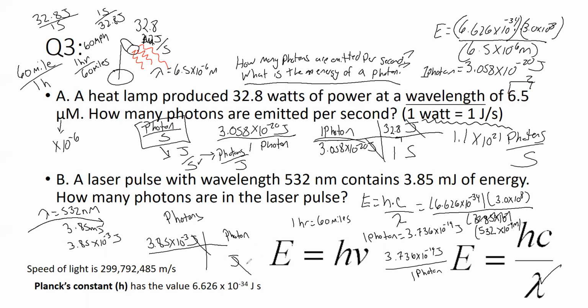And there's my conversion factor, 3.736 times 10 to the minus 19 joules for every one photon. Take those two numbers, divide them by each other. And this should be 1.03 times 10 to the 16th photons.